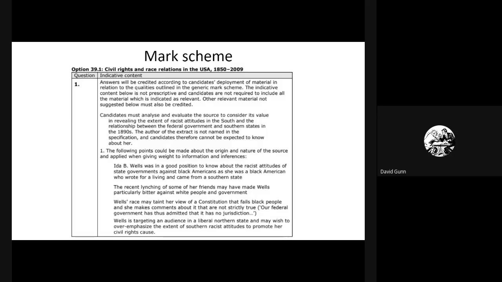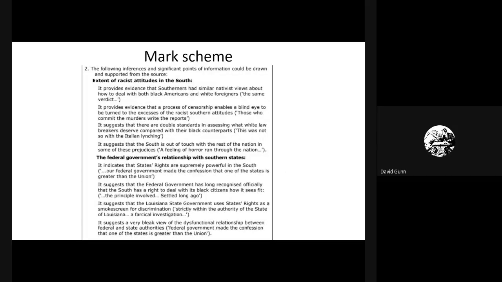Okay, so we've talked about those things. And then for the two inquiries, in terms of racist attitudes, this is what we get from the source. It provides evidence that there was racism in the South, there's censorship, double standards, and the South is out of touch with the rest of the nation. So you get that from those quotes.